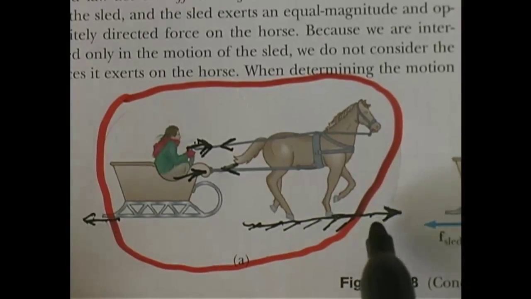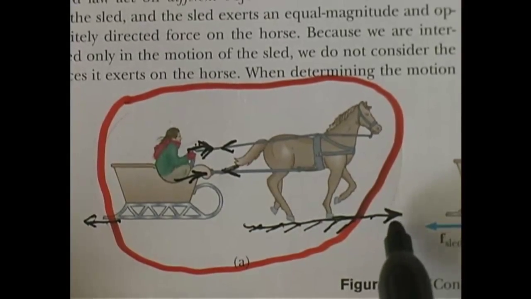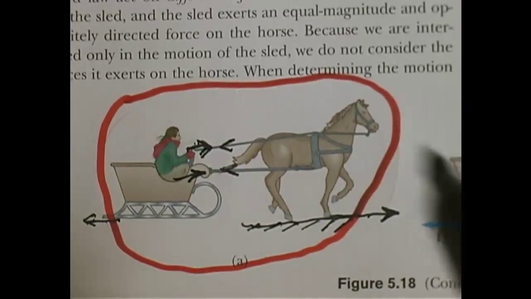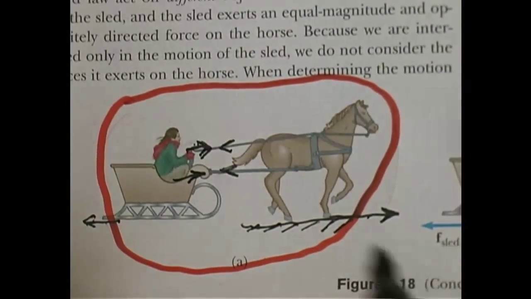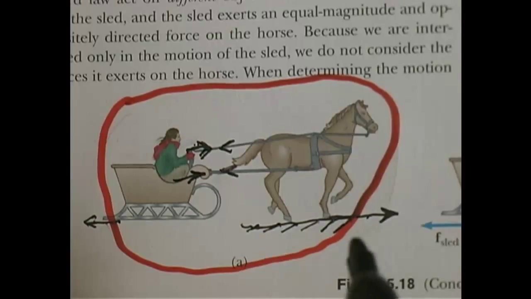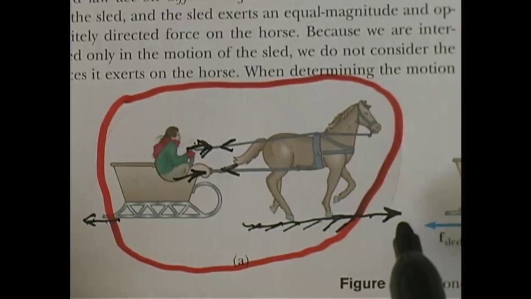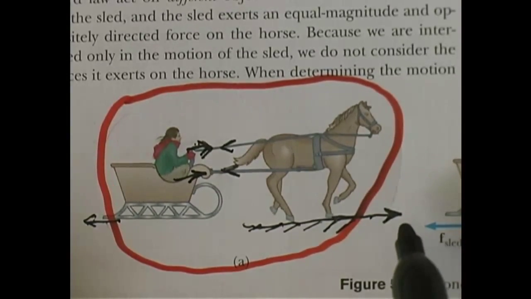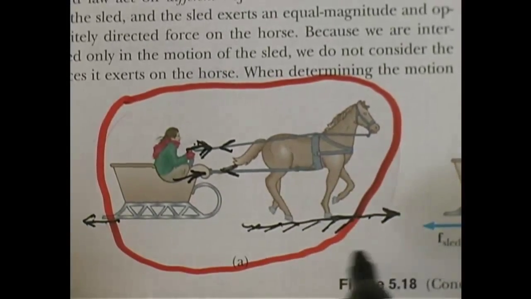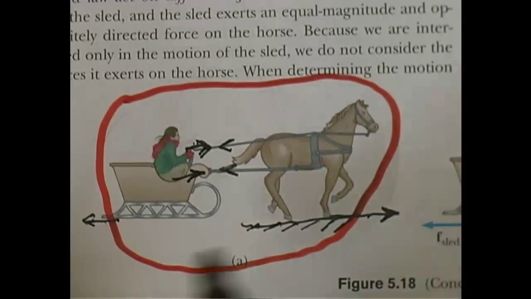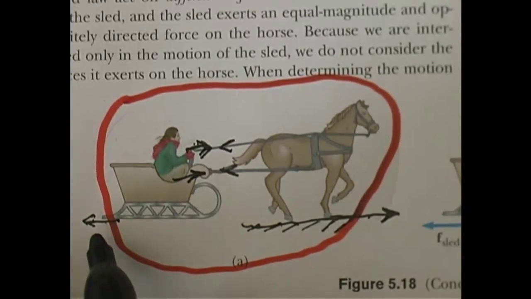What about this force? This force is from the road. Now, the road is not part of the system, which consists of only the horse and the wagon. And therefore, that is called an external force because it came from somebody else outside the system, which in this case is the horse and wagon. It came from the road, which is not part of the system. So is this friction. This is also from the road, which is not part of the system.